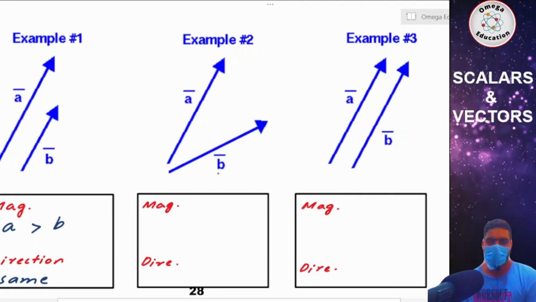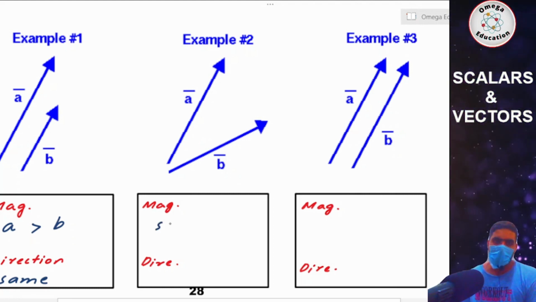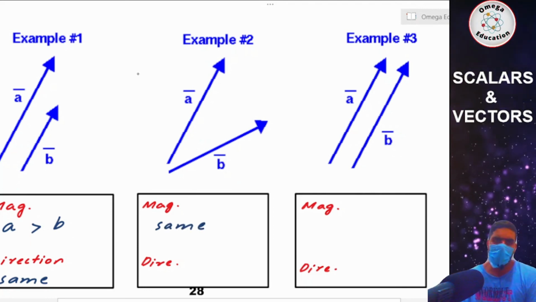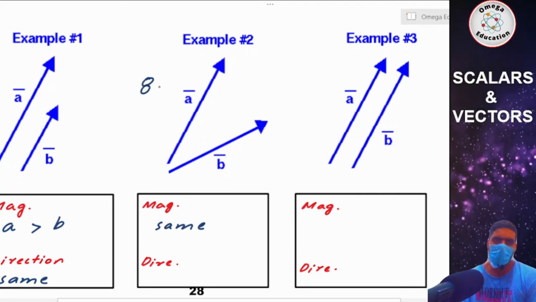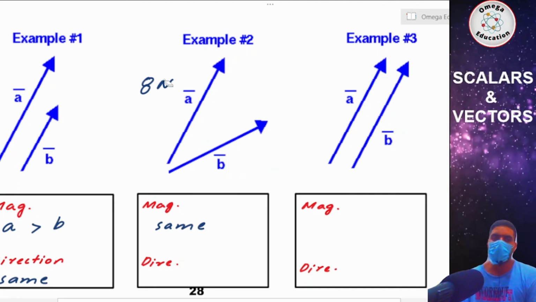You can measure it with this ruler as well. If they have the same length, then magnitude wise they are the same. So if this one represents 8 Newton, this one would also represent 8 Newton, not less or more than that.